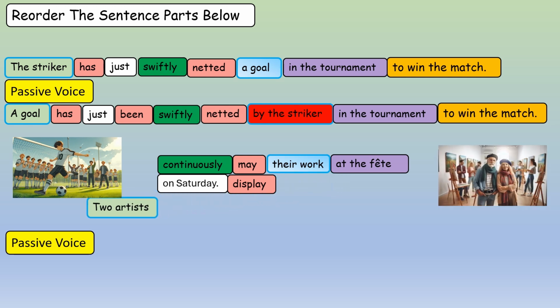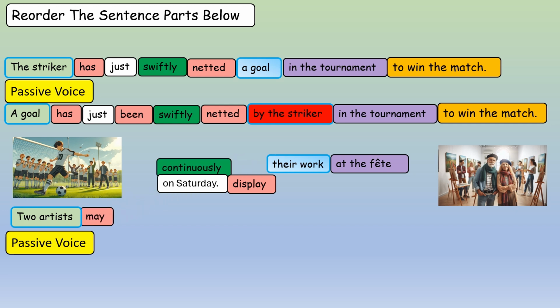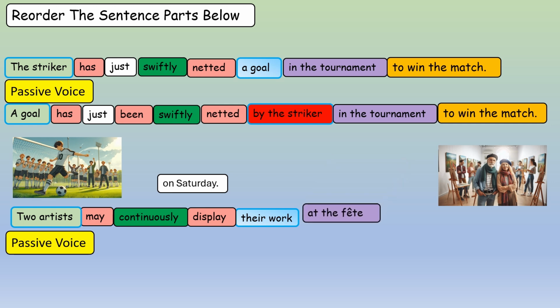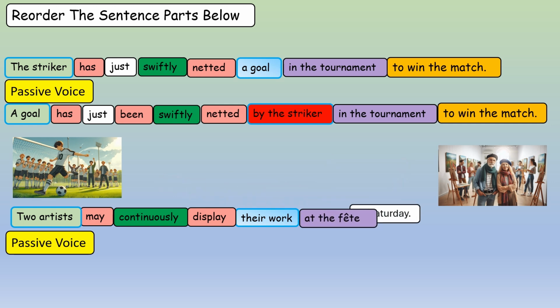Another example here. Two artists, that's our subject of the active sentence. Two artists may continuously display their work. There's our object, at the fete on Saturday. Passive voice. Their work.